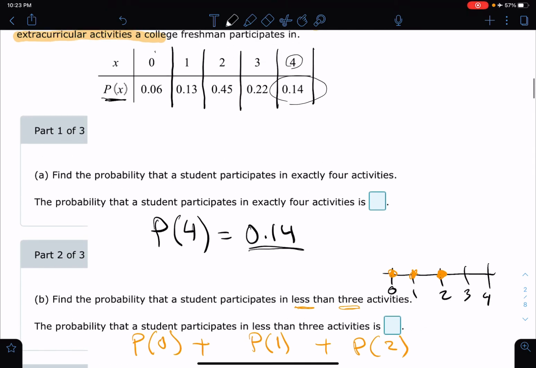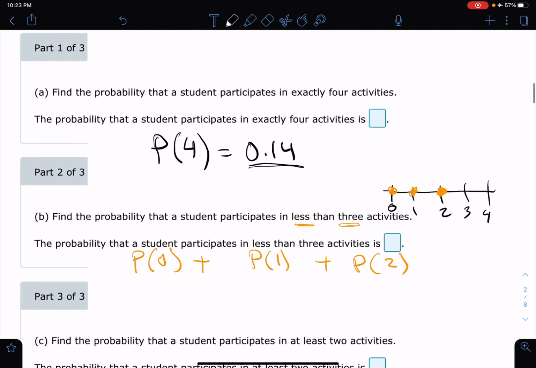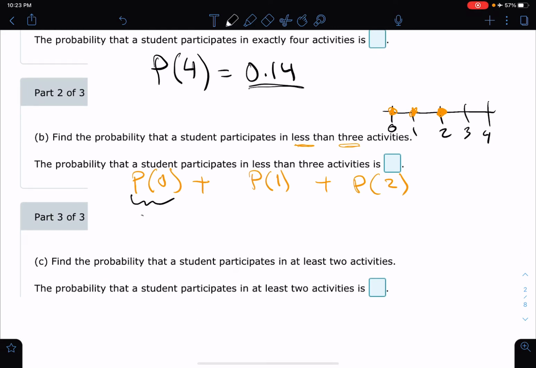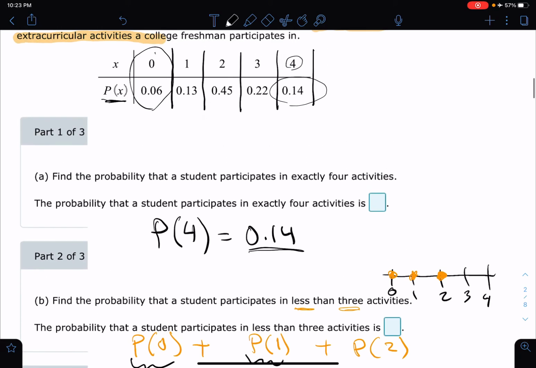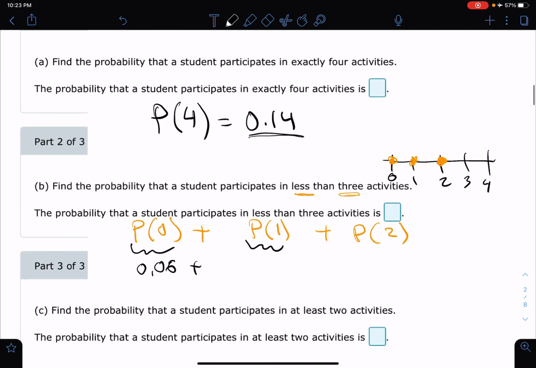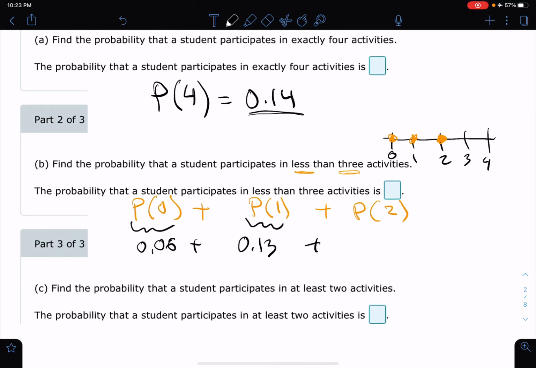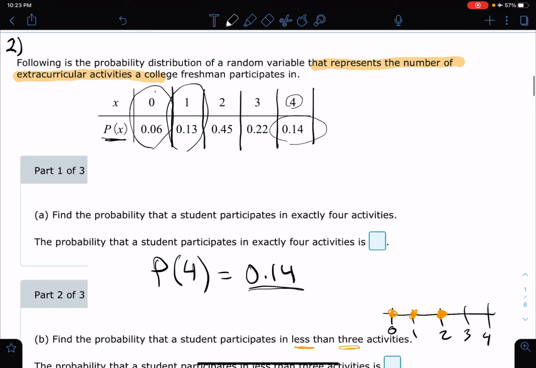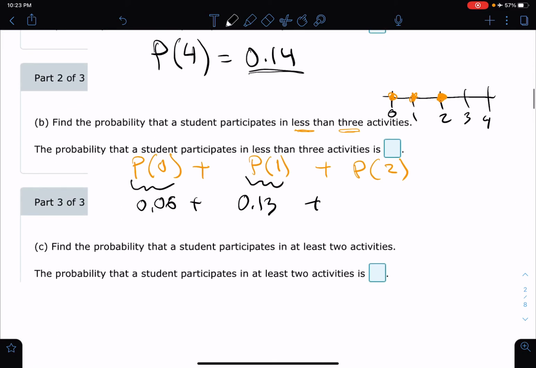The probability of 0 is 0.06 plus the probability of exactly 1 is 0.13, and the probability of exactly 2 is 0.45. Now we add all that together. What is that? 0.06, 0.13, and 0.45, and we get a grand total of 0.64. Okay, part C.